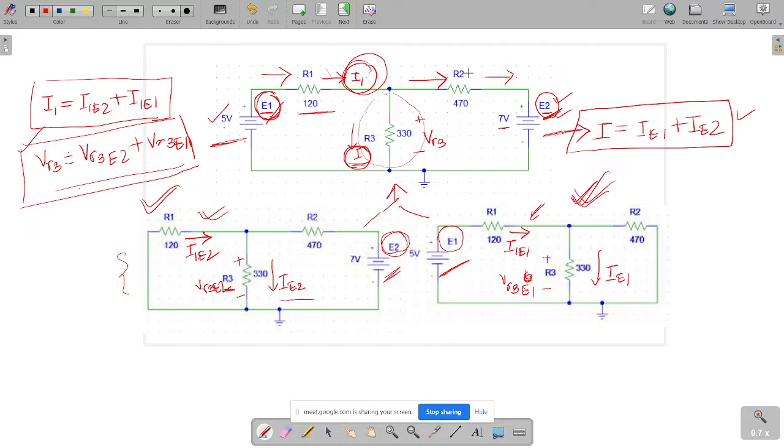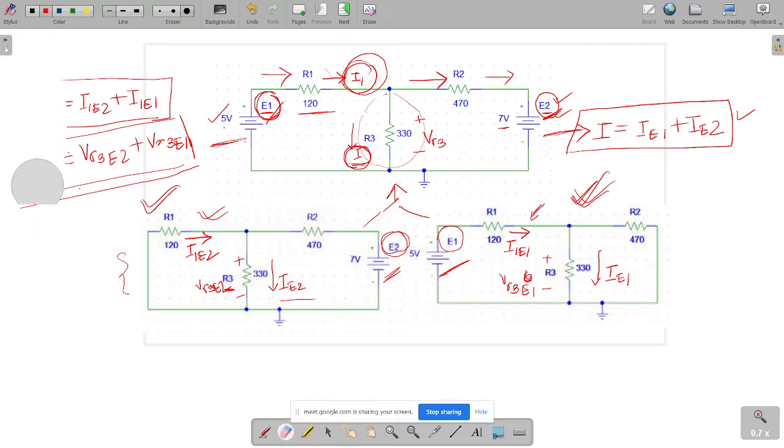So in the first step we solve the circuit with both voltage sources active at the same time, then we deactivate one voltage source and solve the circuit, and in the next step we deactivate the other voltage source and solve the circuit. Okay, that is what your task will be today.